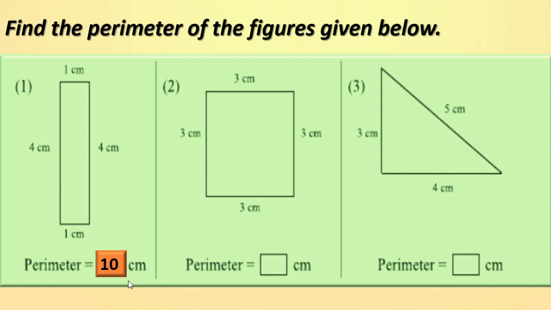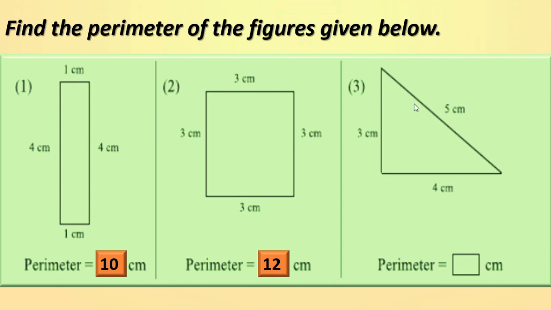Got this? Come on. What is the perimeter of this square? See, this is a square because all sides are equal. 3 plus 3 plus 3 plus 3, or we can do 3 fours are 12, isn't it? So the answer is 12 centimeter.